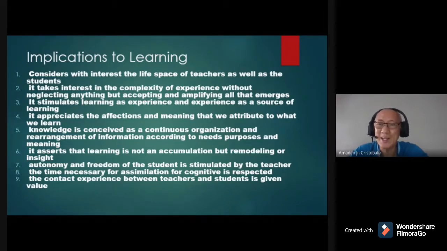And when you learn these principles, this psychology, you will begin to love psychology, or you will begin to appreciate the things that you learn, especially those pictures or the laws that I have shown you. Number 5, knowledge is conceived as a continuous organization and rearrangement of information according to needs, purposes, and meaning.